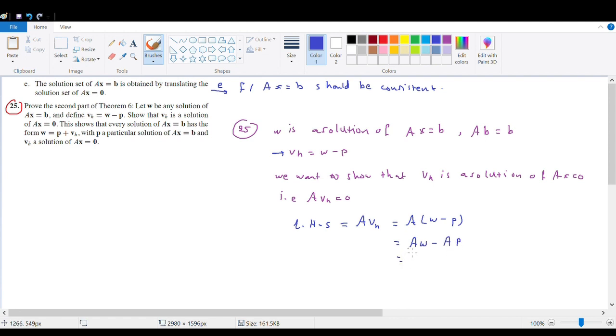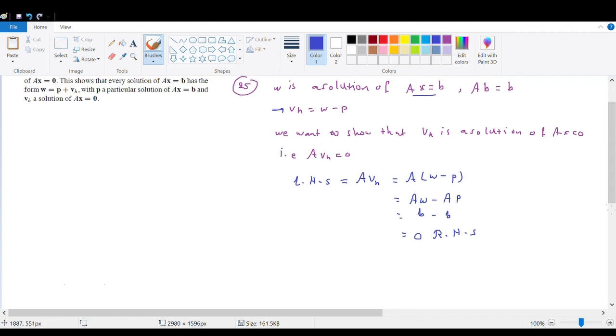But we know that w is a solution of Ax = b. That means Aw should be equal to b, minus Ap, which is given to be equal to b. So this will give us 0, which is the right hand side. So vh satisfies Ax = 0.